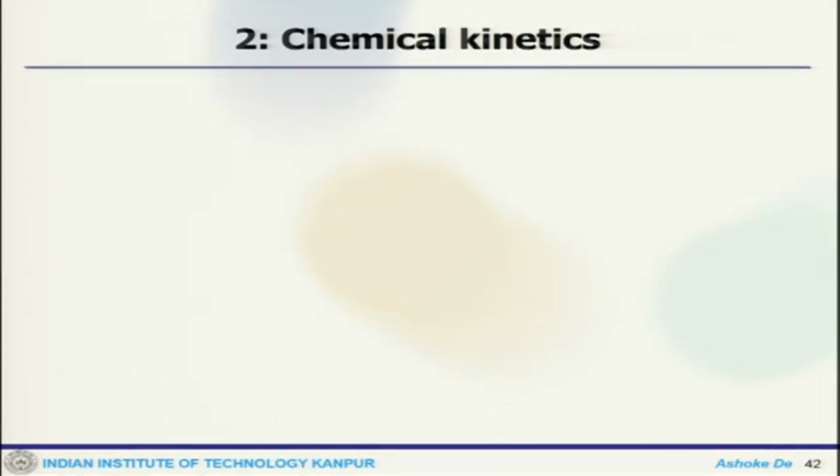Now, one can write in a different form for the overall rate of production of the product, where your A is going to products, that is through this reaction.